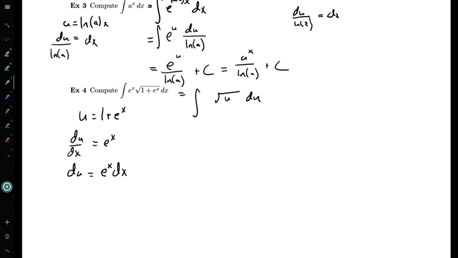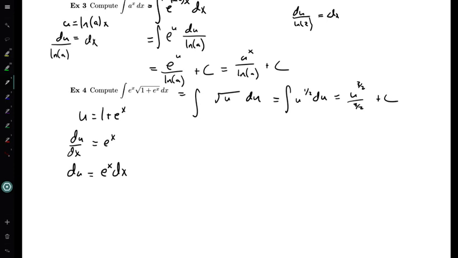And now we have this nice integral that we know how to take, because this is the integral of u to the 1/2 du. Now we recognize this is variable to a power. So variable to a power means apply our power rule. So increase the exponent by 1 and divide by the new exponent plus c.